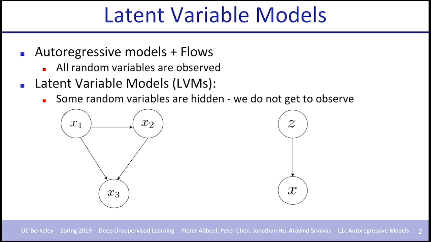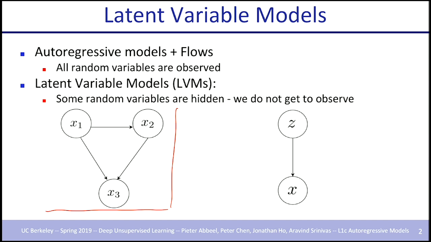So we have looked at autoregressive models and flows, and in those cases, you might put some ordering on your random variables and have certain dependencies among them. But really, all the random variables are observed. There are no unobserved variables.